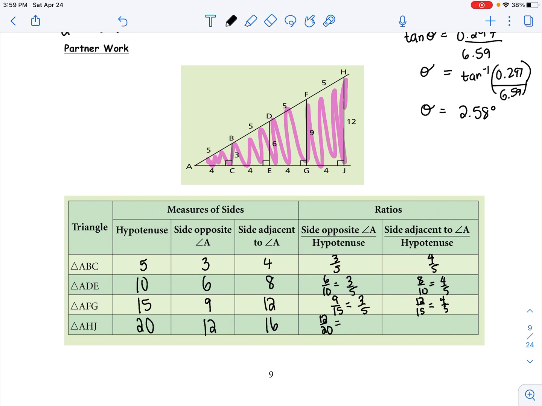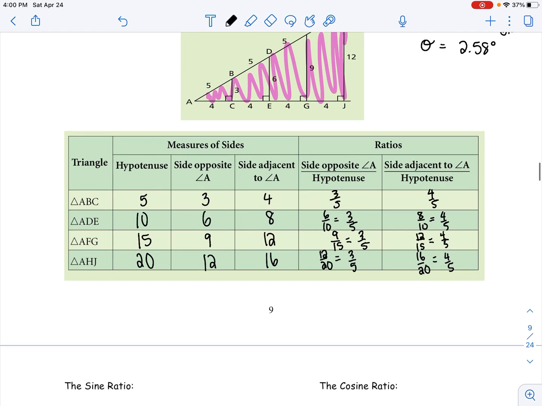We can divide the top and bottom by 4. If you divide the top by 4, you get 3, and if you divide 20 by 4, you get 5. So it's the same as the previous answers. And then 16 over 20 divided by 4 is 4 out of 5.